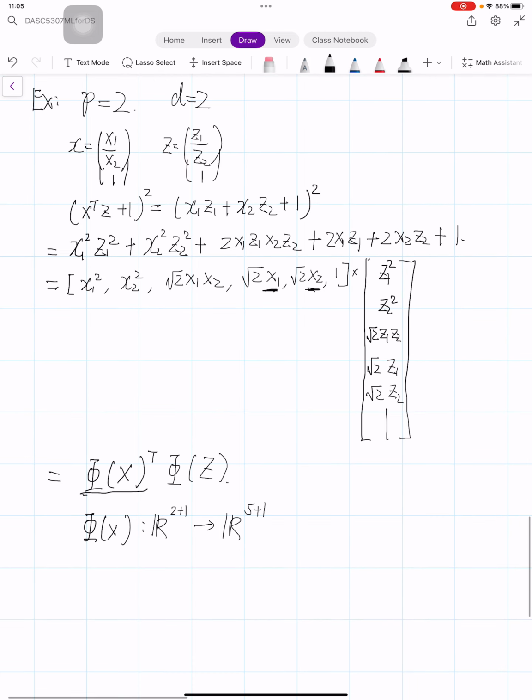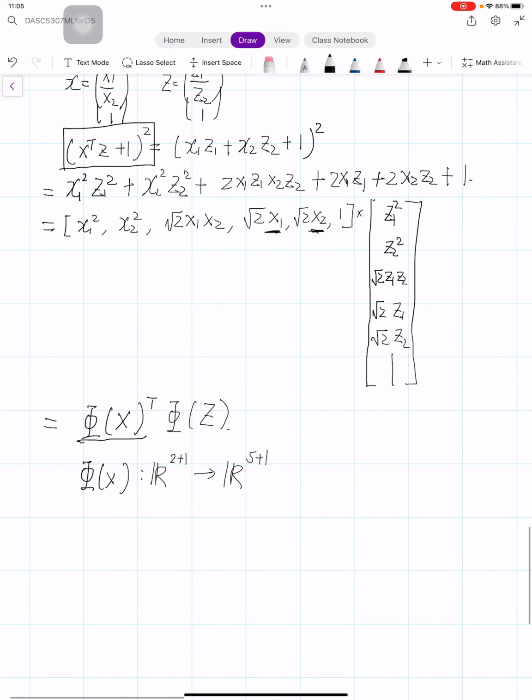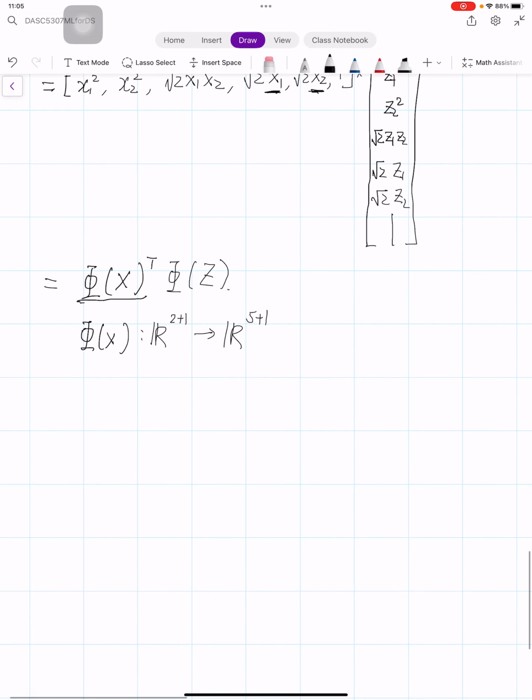The reason we do this is that the kernel trick can help us. Note that computing phi x transpose phi z takes O(d) time.